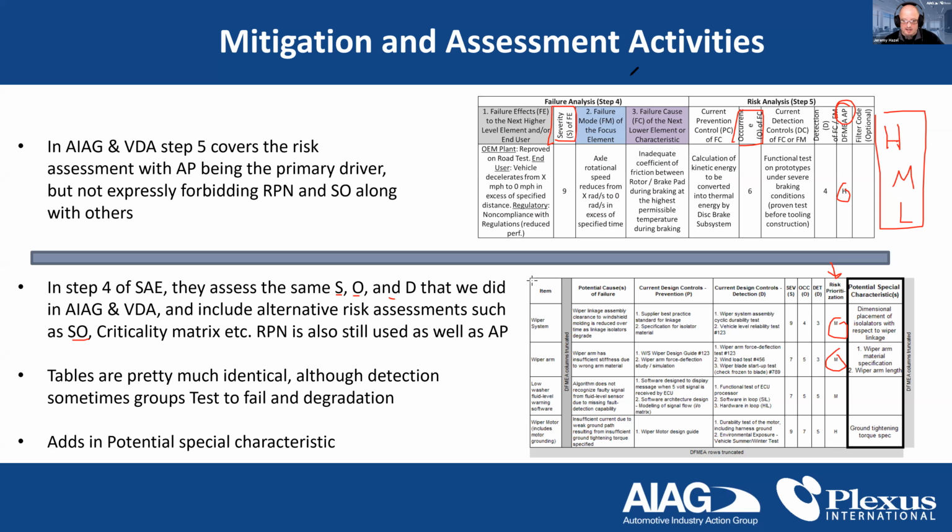With H, M, and L, you now have a risk analysis in both methods that is more robust to variation put together by the teams. So this is a commonality. They do have subtly different tables. It's up to you at that point to determine what you would like to do.